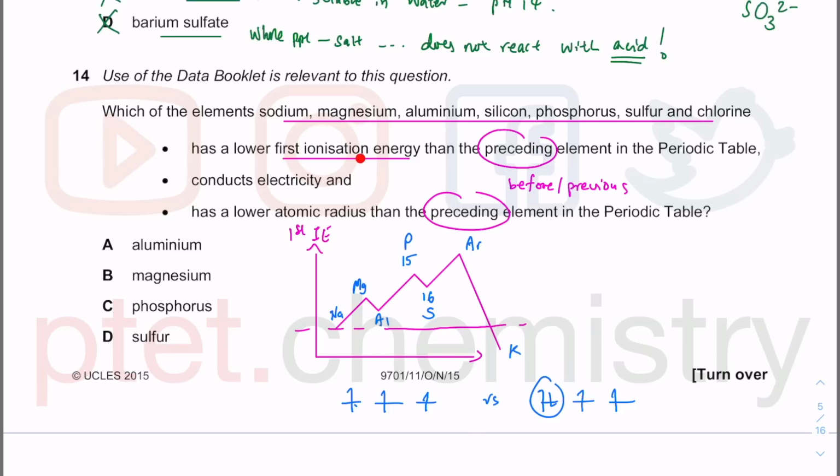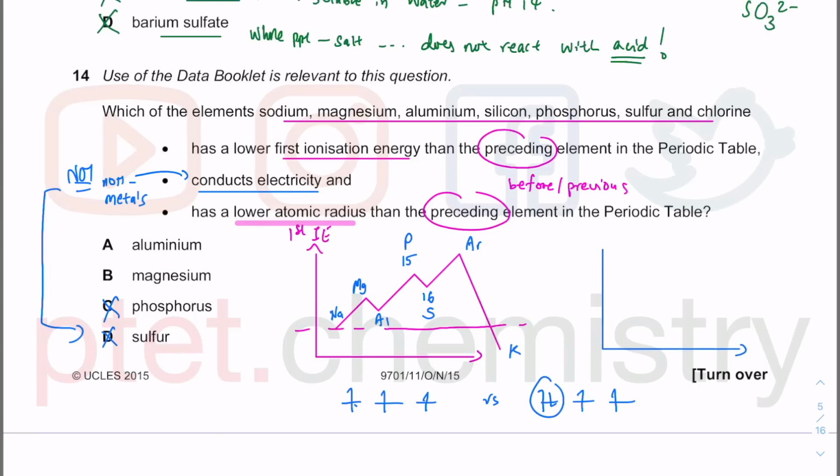Now, lower first ionization energy than the preceding element, conducts electricity. Conducts electricity means not the non-metal. So from the options given, we can cross out phosphorus and sulfur because of conductivity. Now, in terms of lower atomic radius, we're going to need the trend in atomic radius as well.